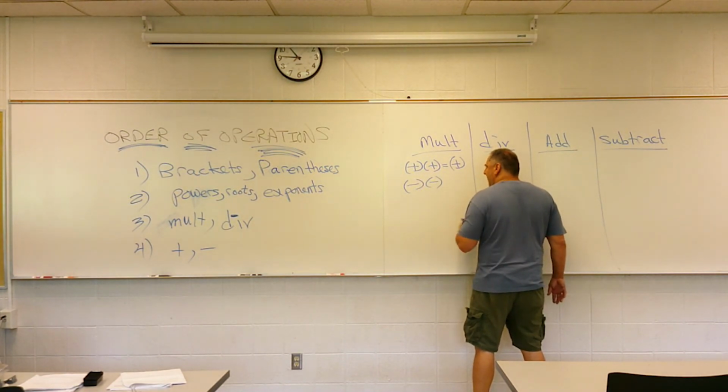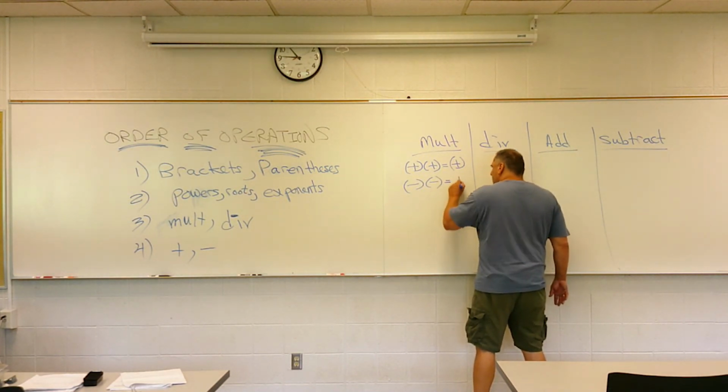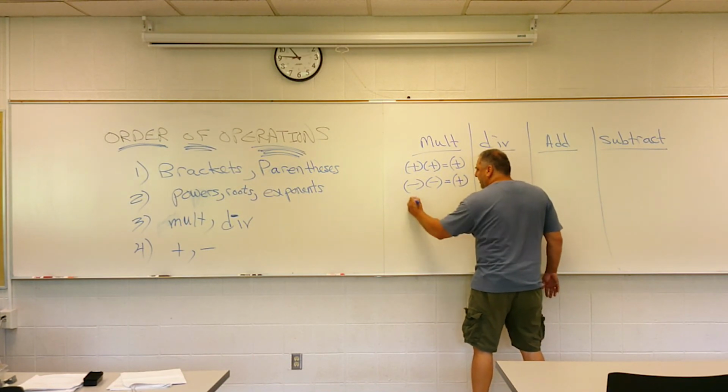If you multiply any two negative real numbers, you get a positive real number for an answer.